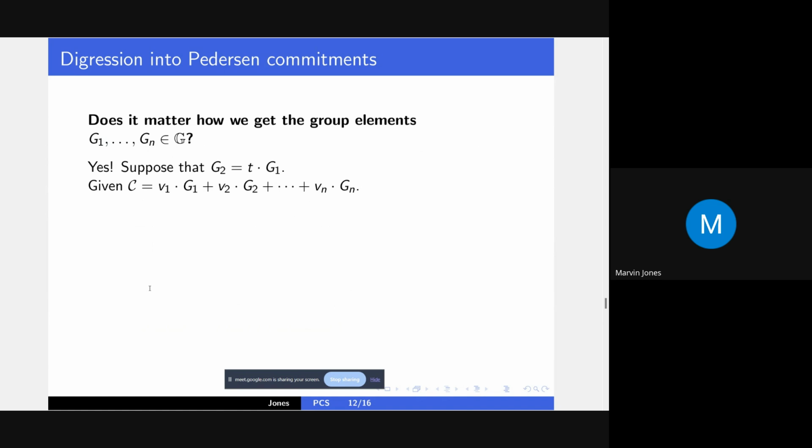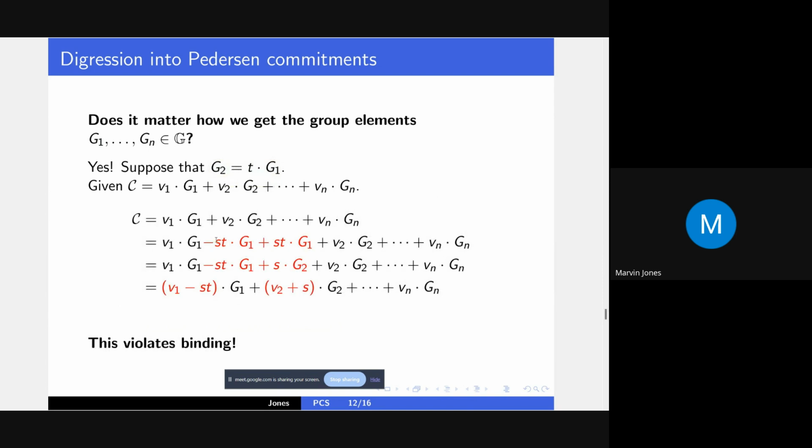So if I have a relationship that I know, say G2 is equal to T G1, I can do some fiddling with my known commitment. So I honestly produce this commitment. I can do some fiddling to find another vector that has the same commitment.